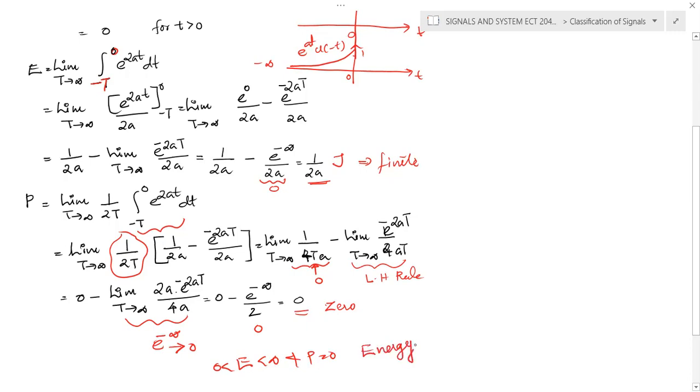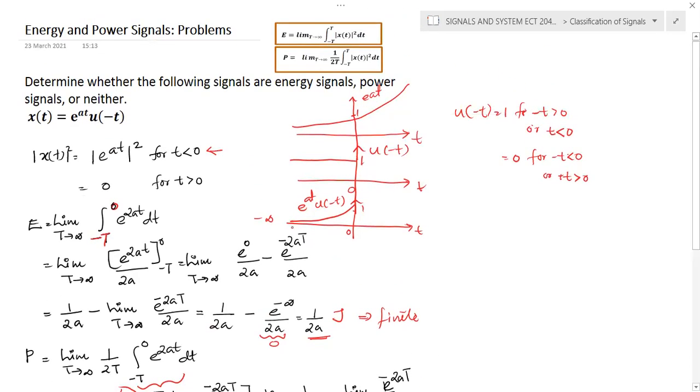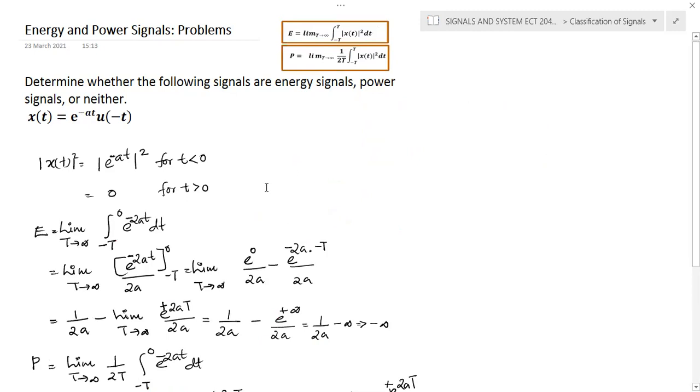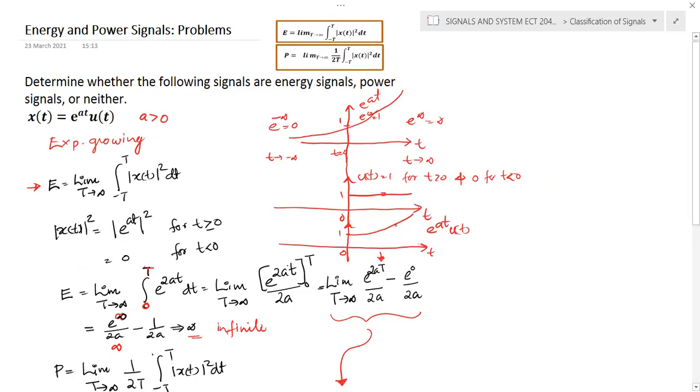Or we can look at the behavior of this particular signal. The signal magnitude tends to 0 when t approaches minus infinity. The maximum value is 1. So if you integrate this signal, the result is a finite quantity. But in the previous case, in this particular C question, e raised to at into u of t, if you look at this waveform, when t is tending to infinity, the function magnitude is going to infinity.